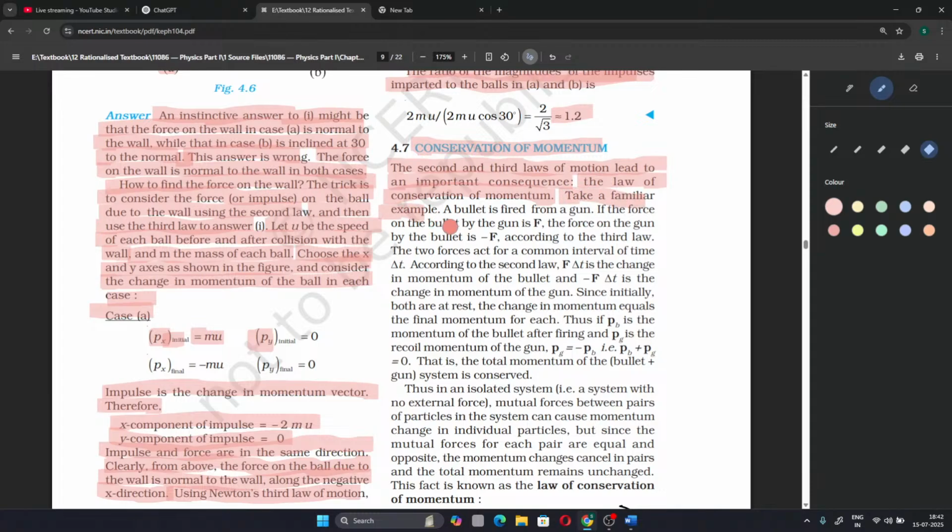Take a familiar example. A bullet is fired from a gun. If the force on the bullet by the gun is F, the force on the gun by the bullet is minus F according to the third law. The two forces act for a common interval of time, delta t. Basically, they are taking the firing of a gun.